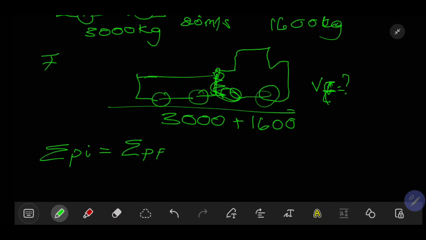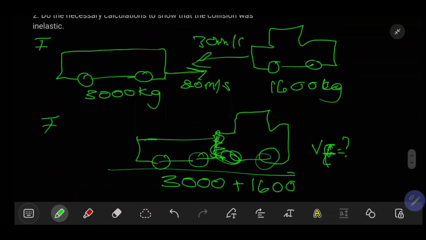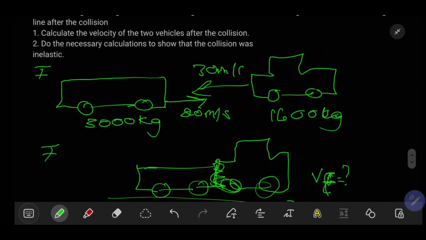Now we check our velocities and we have to choose a direction. We have left and right, so we can take right to be positive, meaning that any motion going to the left is negative.